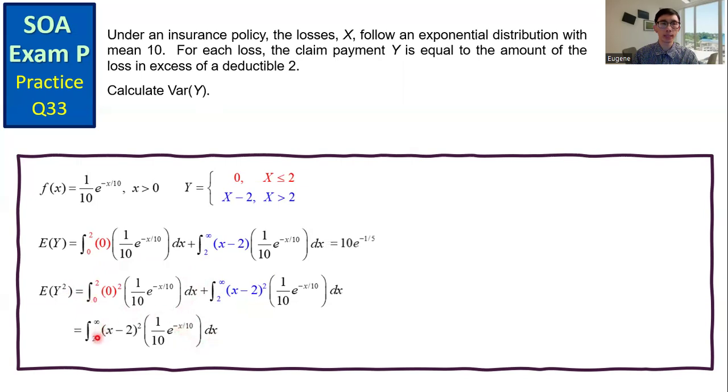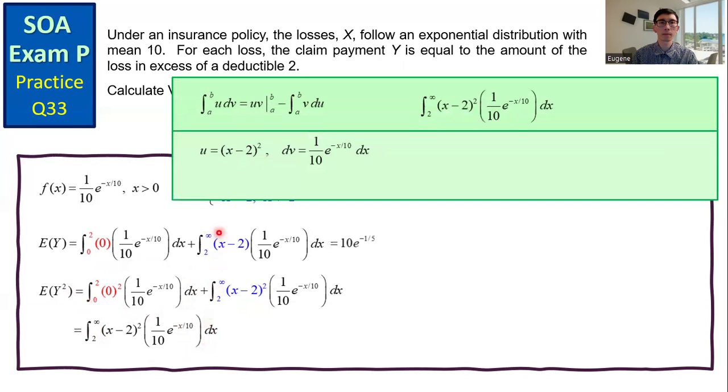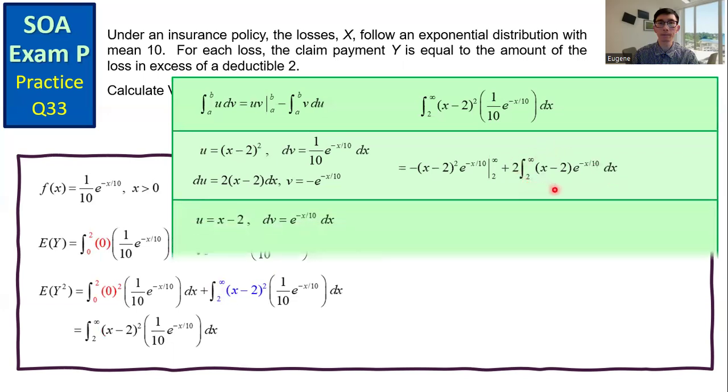Do the integration in the second term. Again, we use the integration by parts. Here we use the formula twice. So applying the formula once, we get this expression. And then use the integration by parts the second time to do the integration in the second term.